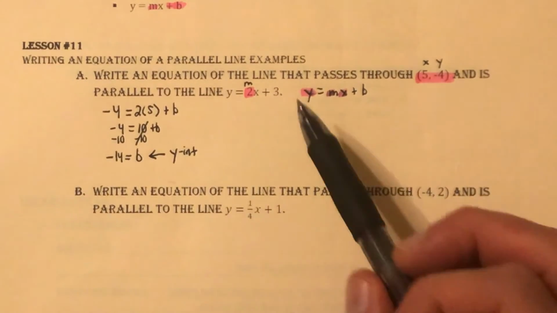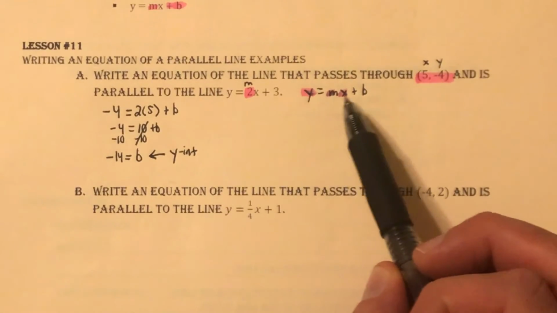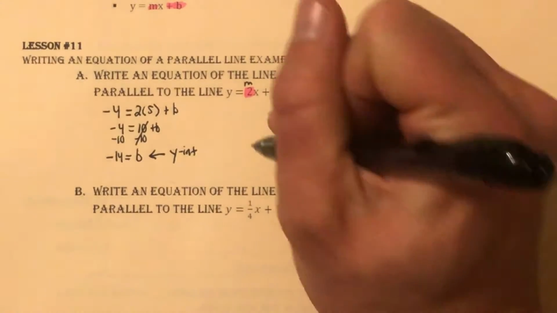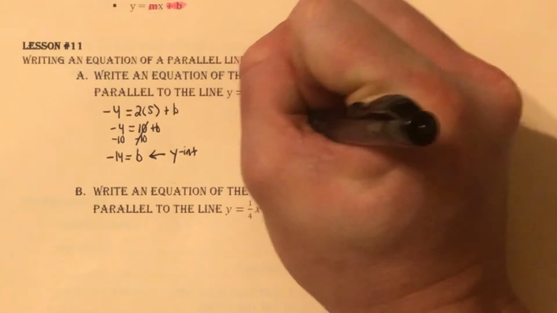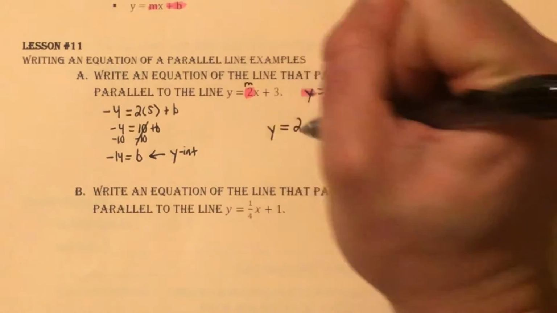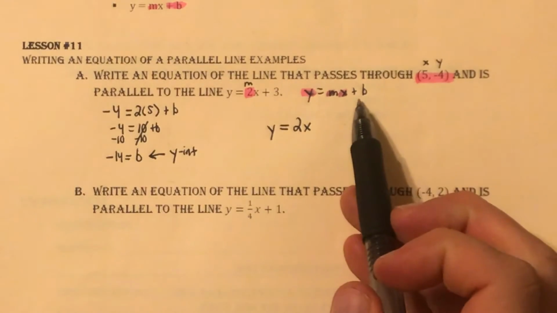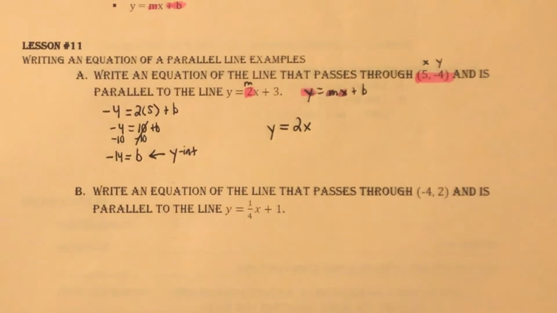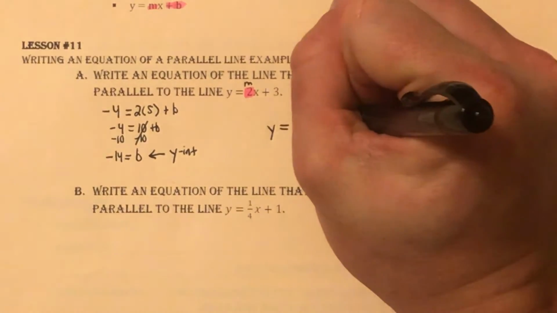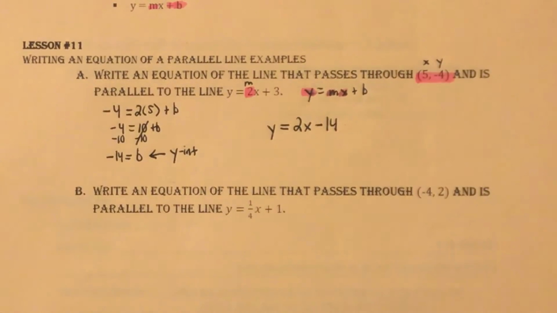This time I'm not going to plug anything in for y or x, but I am going to plug in for m and for b. So y stays the same. y equals m, which is 2 because they have the exact same slope, times x, and then plus b. Well, my b was negative 14, so instead of plus, I'm going to turn this into minus. So I end up with 2x minus 14.